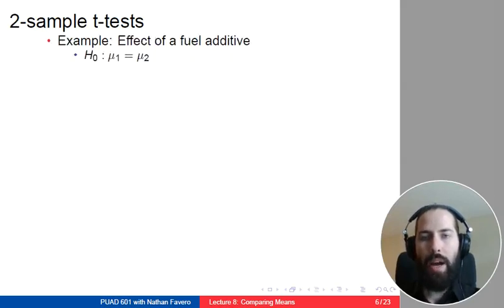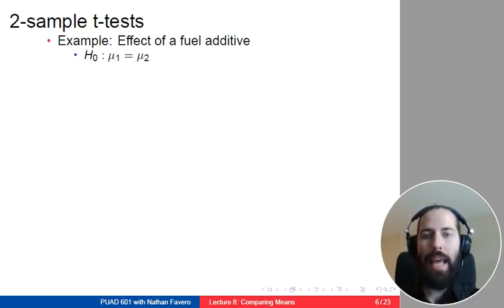Our null hypothesis is going to be that the two means are equal. And you can see that I've represented these two means by using mu sub 1 and mu sub 2. In other words, we're acting as though we have two different populations, population 1 and population 2. The mean of population 1 is equal to the mean of population 2. That's my null hypothesis. And again, that's just a benchmark that we have in mind, right?